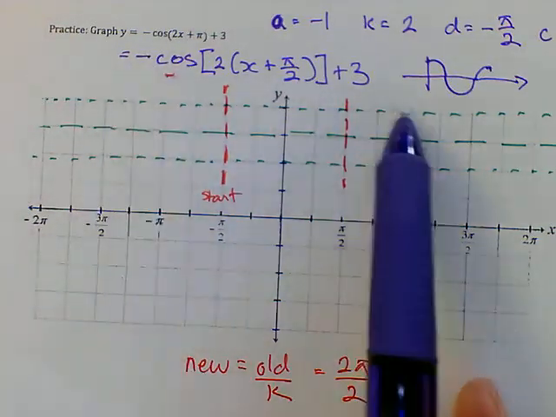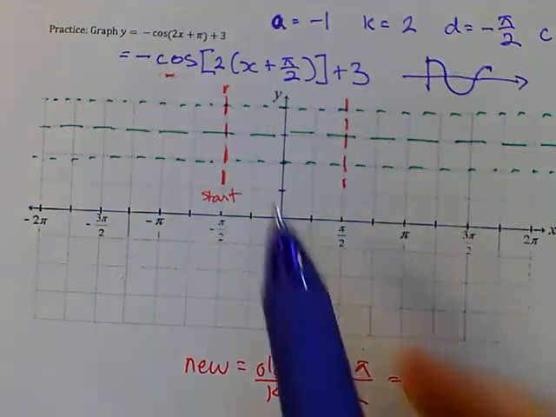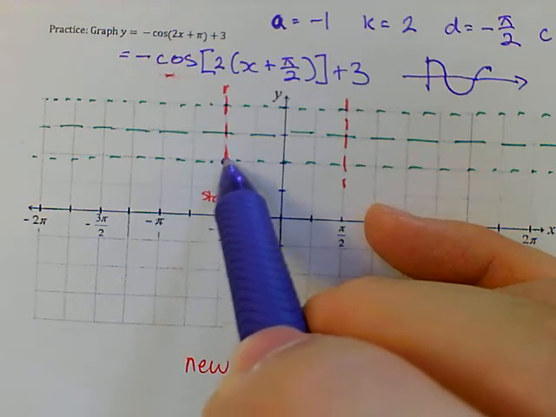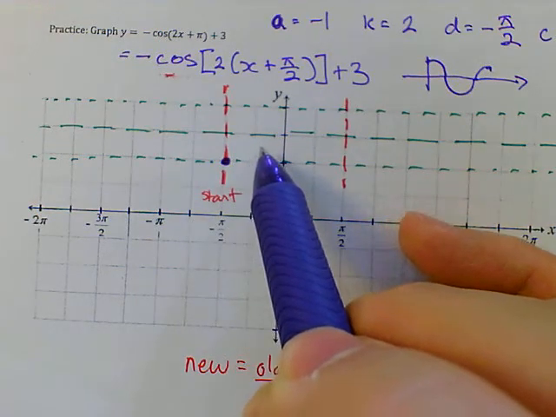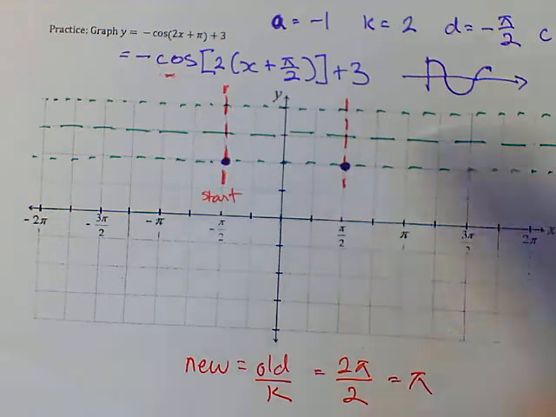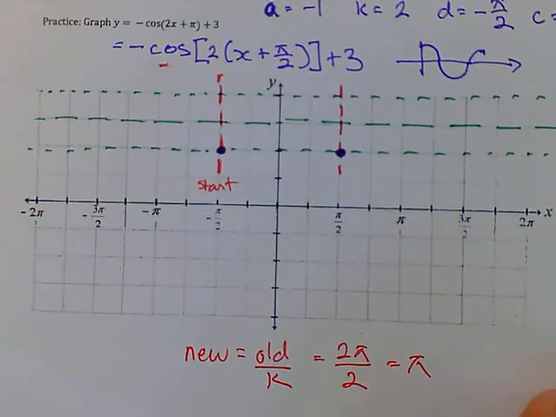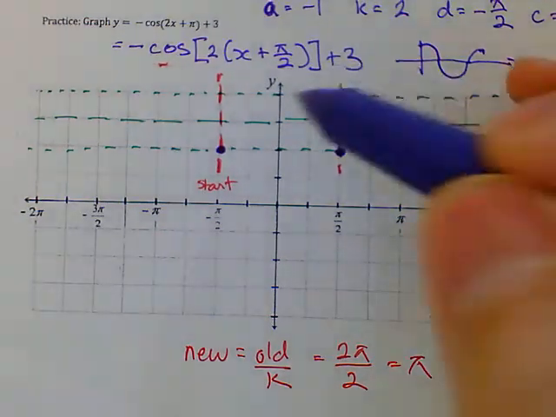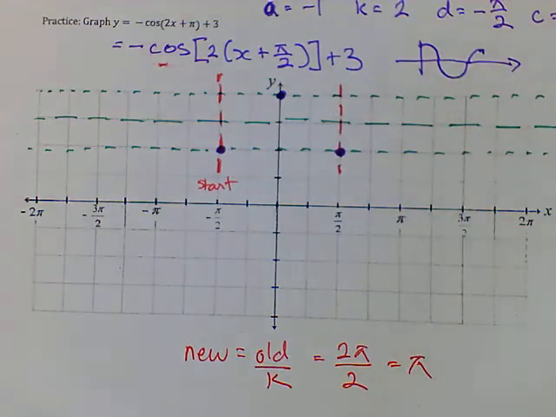However, the negative means that this is going to be upside down, so my first point is actually at a minimum, and then I also finish at a minimum. And in between must be a maximum.